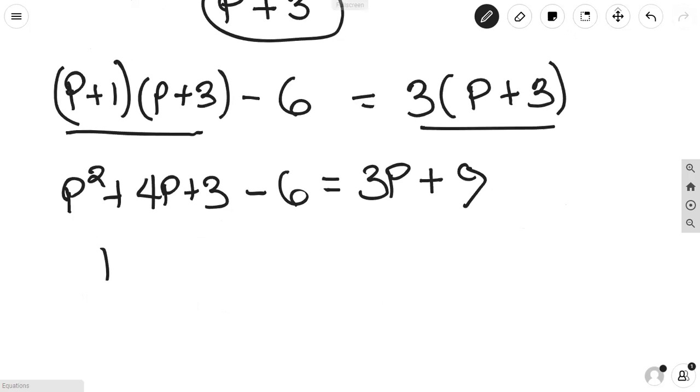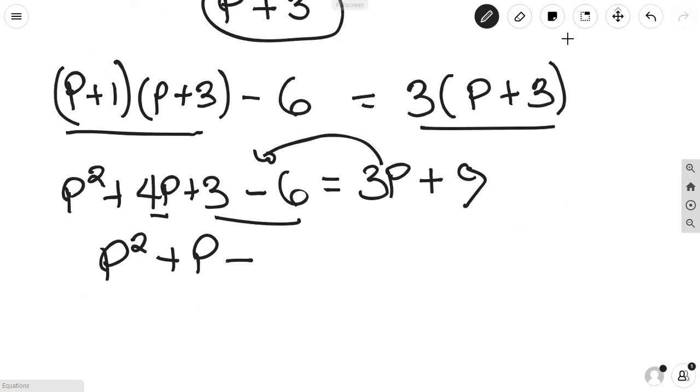Collect like terms. We observe this is p², and this is 4p, and if we subtract 3p, we simply have plus p. And if you observe this 3 minus 6, we have minus 3, and subtract 9, we have minus 12, and this will be equated to 0.